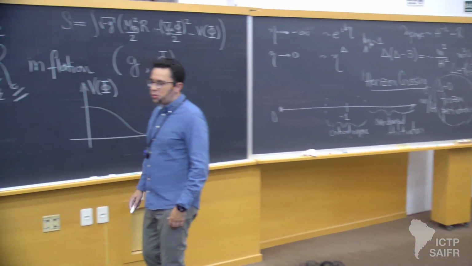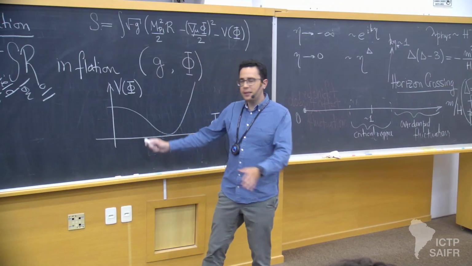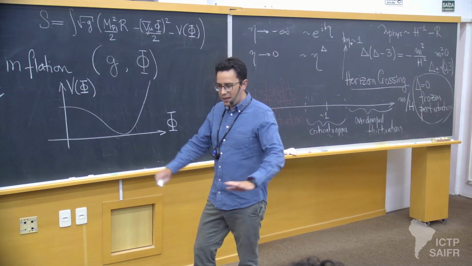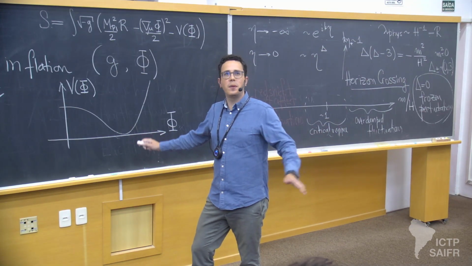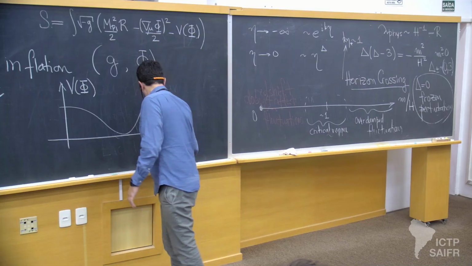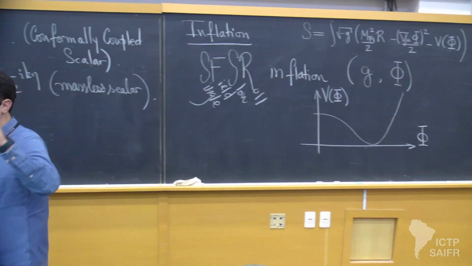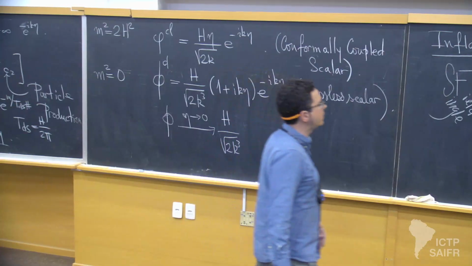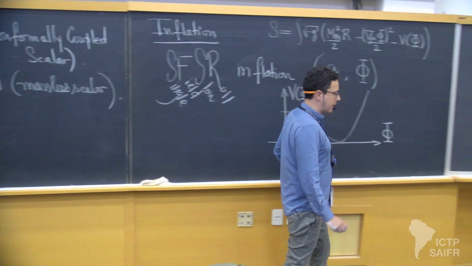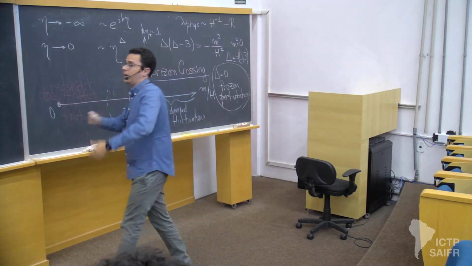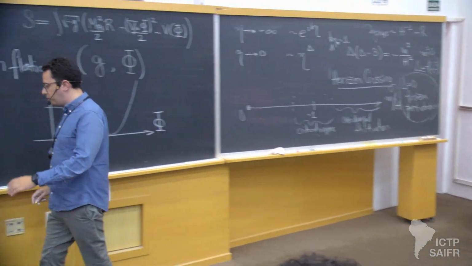And you need to say where this field phi starts life. And again, zillions of ink have been spilled arguing about why you don't solve any fine-tuning problem because you need to fine-tune where phi is. This is actually kind of an interesting area where people are actively investigating whether it's really finely tuned or not.